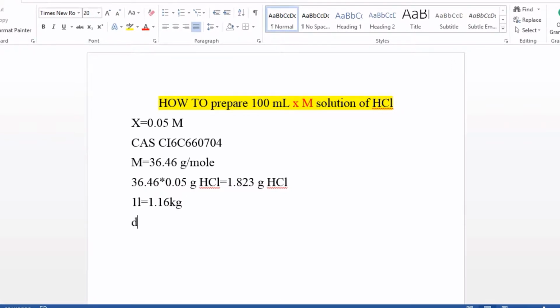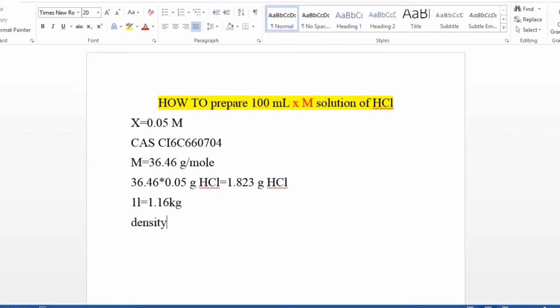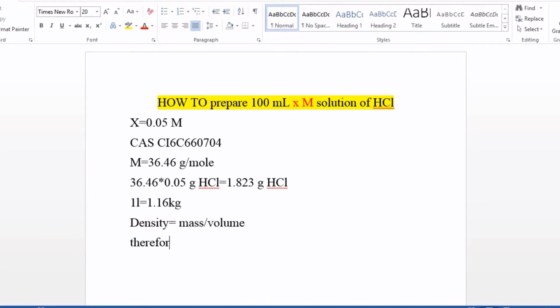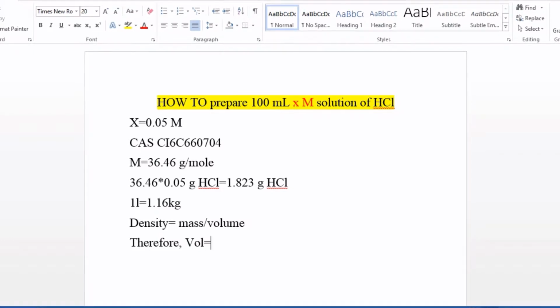So we know the simple formula, the density is equal to the mass by volume. So volume is equal to mass by density.